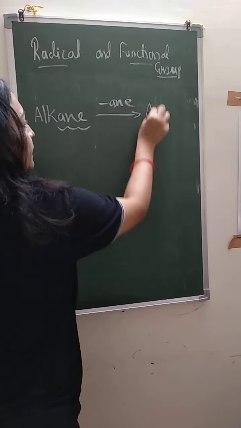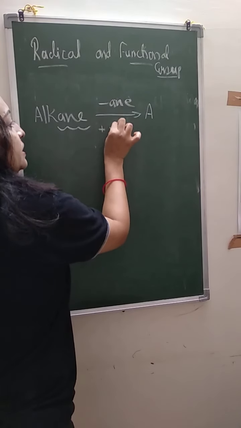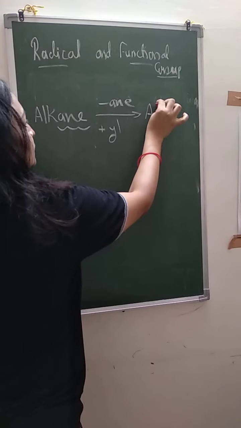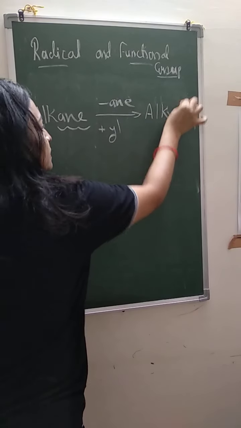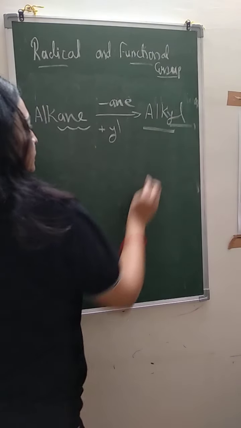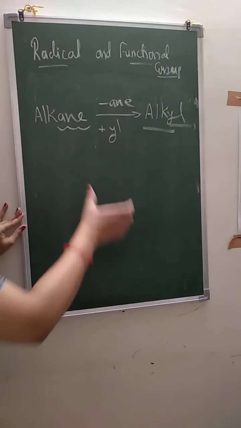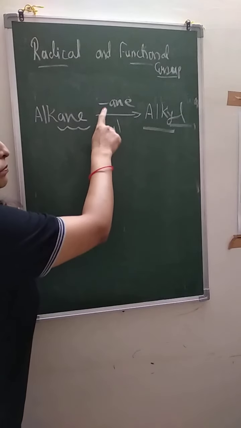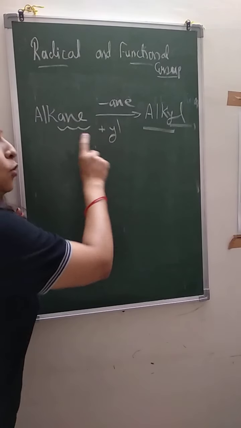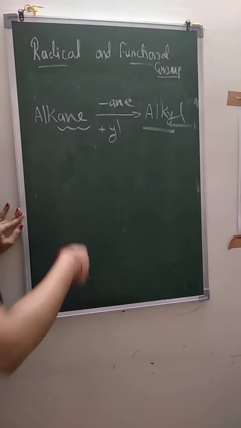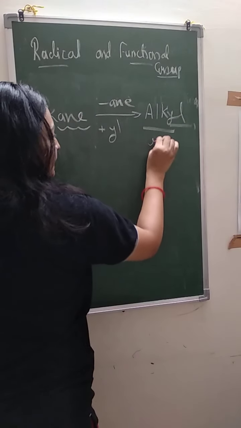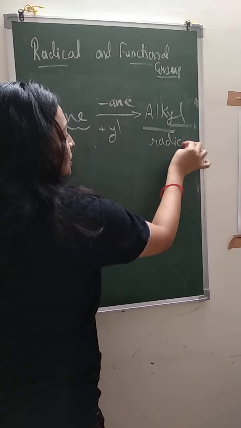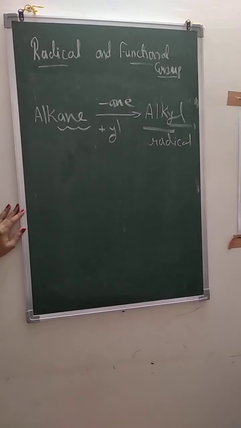And the suffix yl is added. Clear? For this naming, the ane is removed from the hydrocarbon and in place of that yl is added, and this is known as alkyl radical. So this type of naming can be done for this alkyl radical.